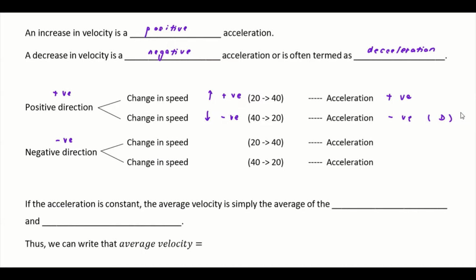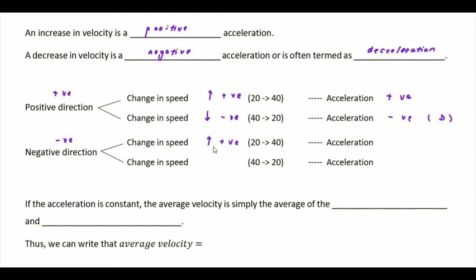Now we are looking at the more confusing part, where we discuss the negative direction. Similar to the previous two cases, let's look at the idea of acceleration from two points: the direction, and also the magnitude part, which is the change in speed. From 20 to 40, the speed is increasing, which means the object is speeding up.